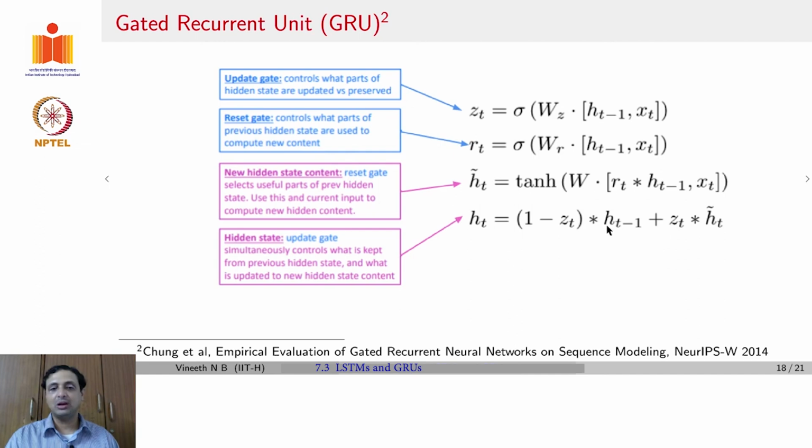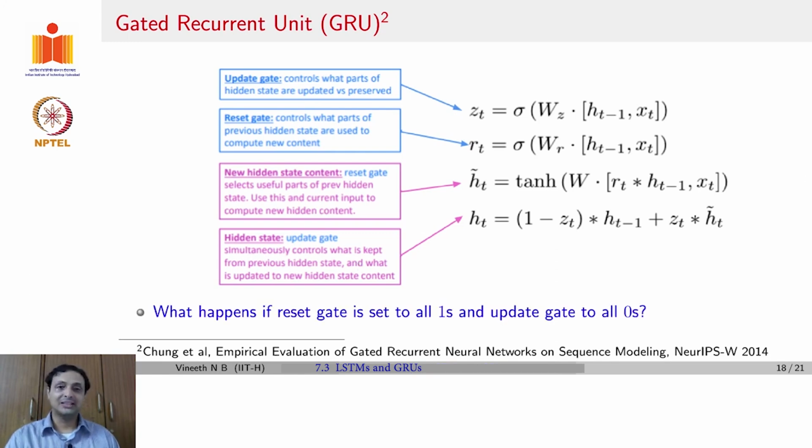So the update gate controls what is kept from the previous hidden state and what is updated to the new hidden state. To understand this further, let's ask this question: what happens if the reset gate is set to all ones and the update gate is set to all zeros?